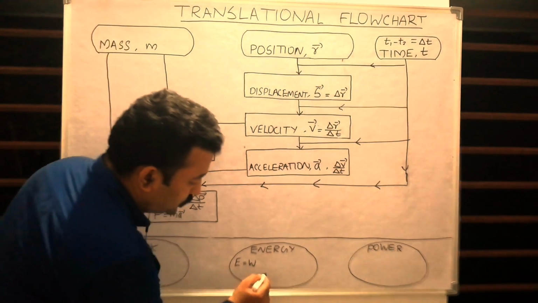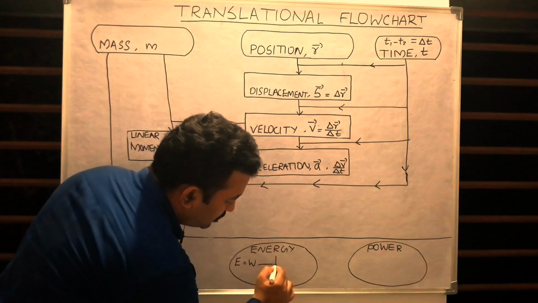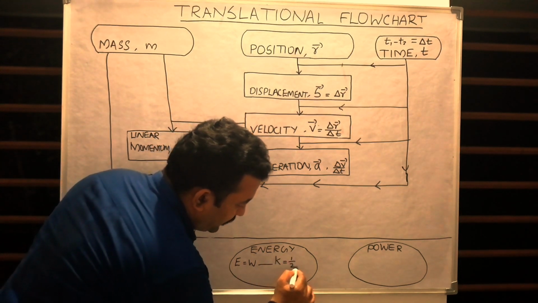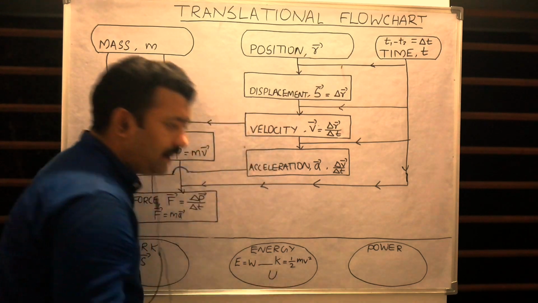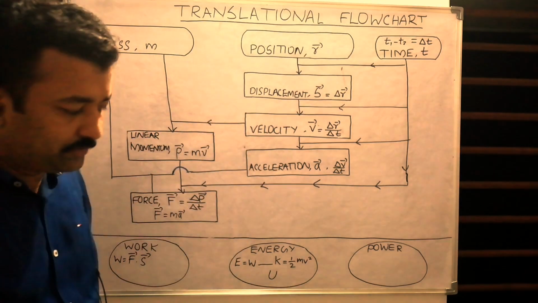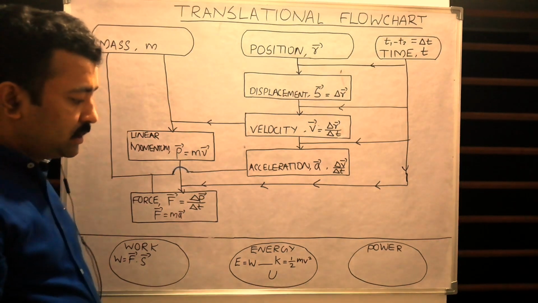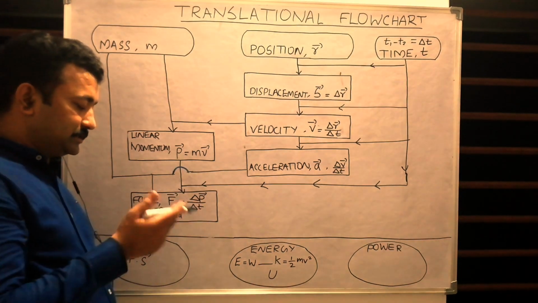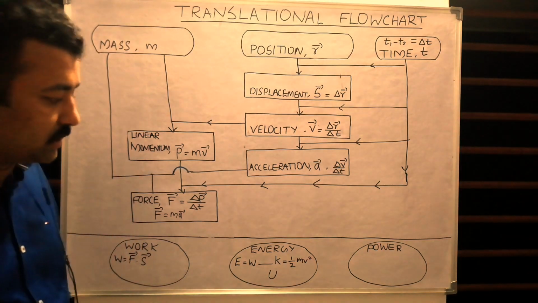This has two forms. The one is kinetic, which is half mv square. The second is potential. That varies from gravitation, where it will be the mgh form or G m1 m2 by r, to electrostatics, where it is a different form. So that depends on the field in which the particle is.